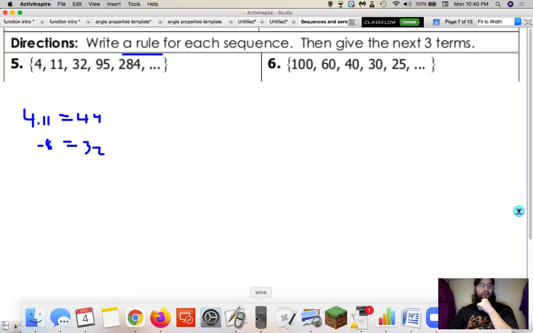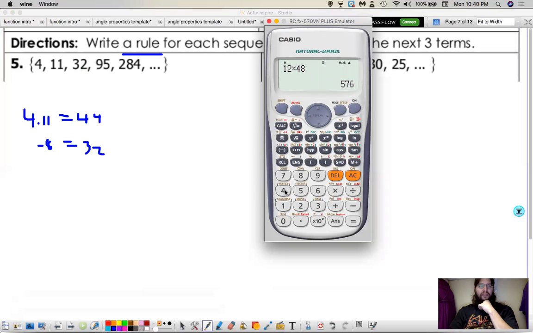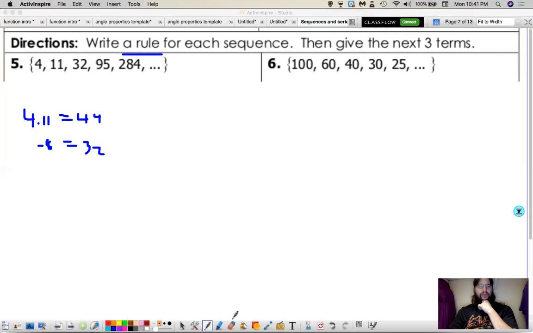I have no idea, by the way. What's 11 times 32? Nope, that's going to be way too big. Okay, let's just go with the 4. Wait a minute, what if we just double that? What does that give us? So yeah, it's a lot of playing and guessing and checking.